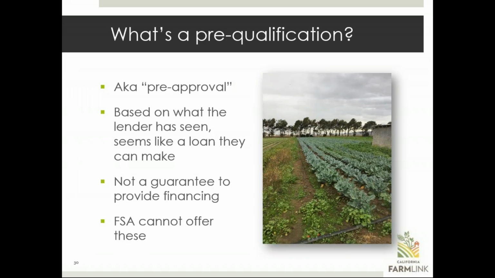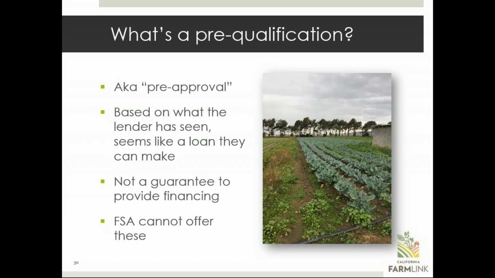So here's that pre-qualification again, or pre-approval. Based on some documentation that you provide to the lender, they are saying that it seems like a loan that they can make. And then they give you this document that you can then take to potential sellers and say, look, I already have been pre-approved for a loan for this amount.